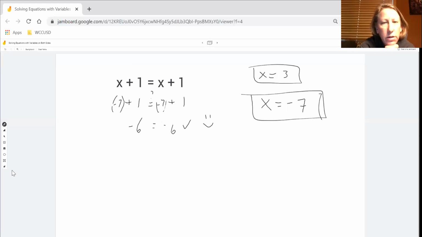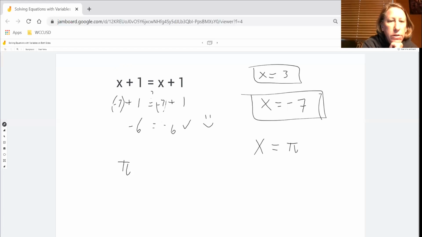What is happening here? How about pi? Put pi in there. What's pi plus 1? Is that equal to pi plus 1? 3.14159 plus 1 is 4.14159.